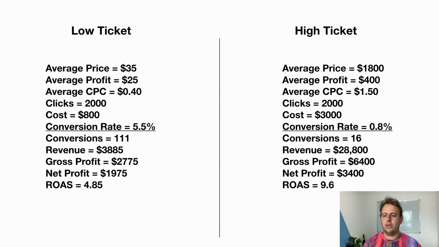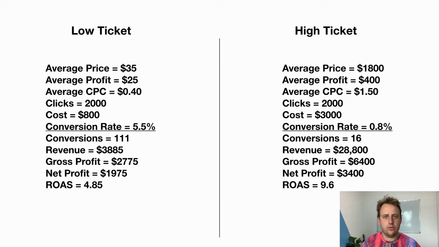Now, conversion rate, 0.8% for a high ticket product. That's actually about right, to be honest. A lot of people talk about wanting a much higher conversion rate when they're selling high ticket goods. If you have actual traffic coming in, and quite a bit of traffic, very rarely are you going to have a conversion rate of over 1%. If you're actually trying to grow your business, you might get to 1%, maybe 1.2.